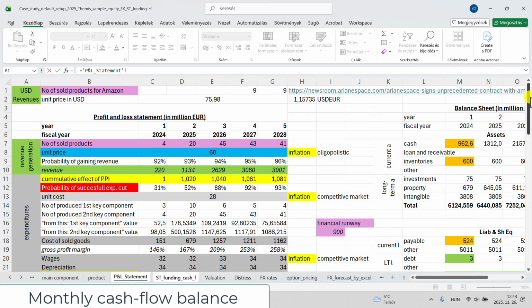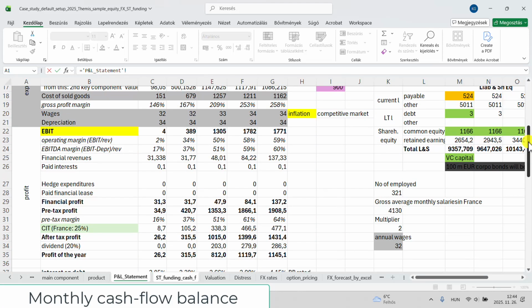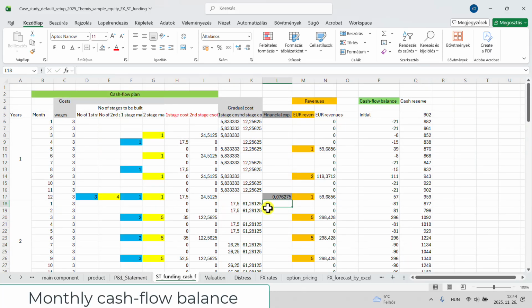So from the profit and loss statement, we know that paid interest plus hedge expenditures plus paid financial lease. I'm adding everything because I know that they are 0. They are located here.